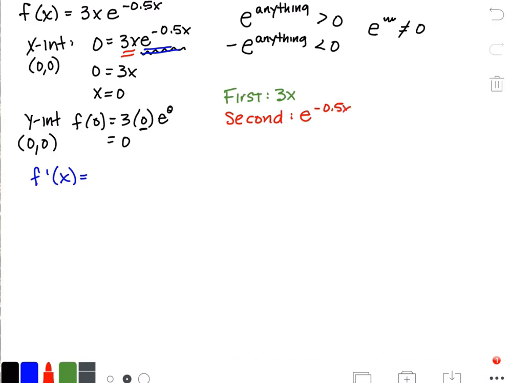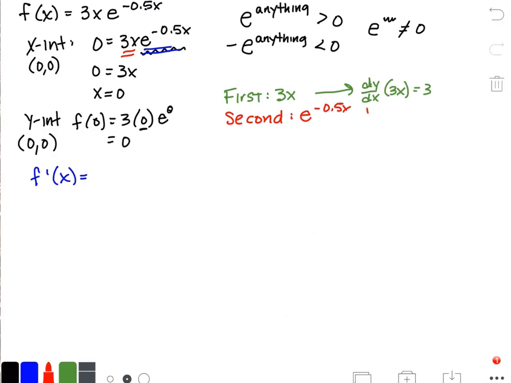In the product rule, we want to do first times derivative of second plus second times derivative of first. So let me just do these derivatives so that I can pull from that as I go. The derivative of 3x, dy/dx of 3x, is just 3.